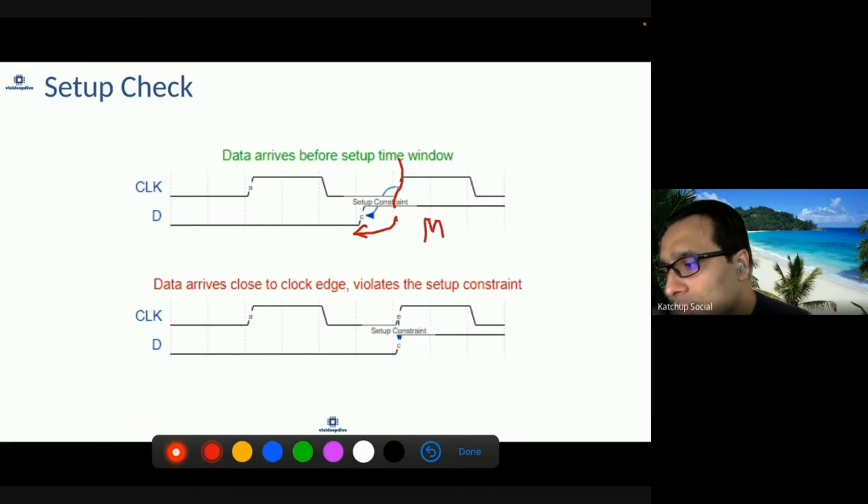So here, setup time is met if data arrives earlier than flop setup time. If it arrives later or close to the clock edge, then it means that you are violating the setup constraint or violating the setup time. Okay, so here, let's say the clock edge is here, and data is arriving close to the clock edge, so that it's within the setup time window.